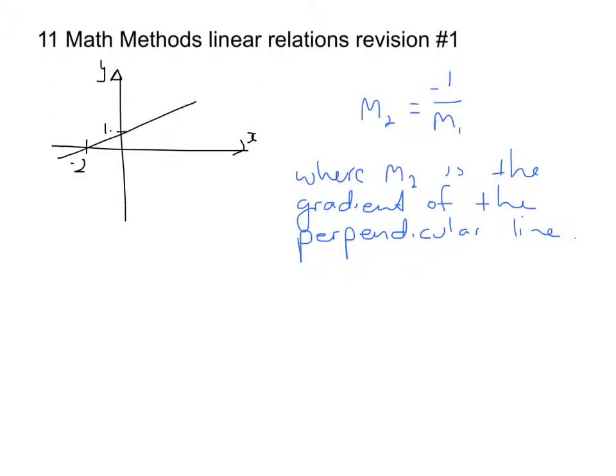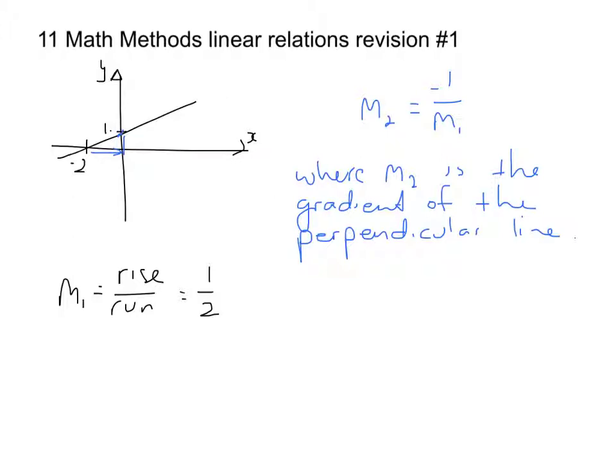So that's the equation that we need to use. From this particular question, we can work out that M1 is equal to rise over run, which it goes up 1, it goes across 2 here, so it goes across 2 and it goes up 1, so our rise over run is 1 over 2.